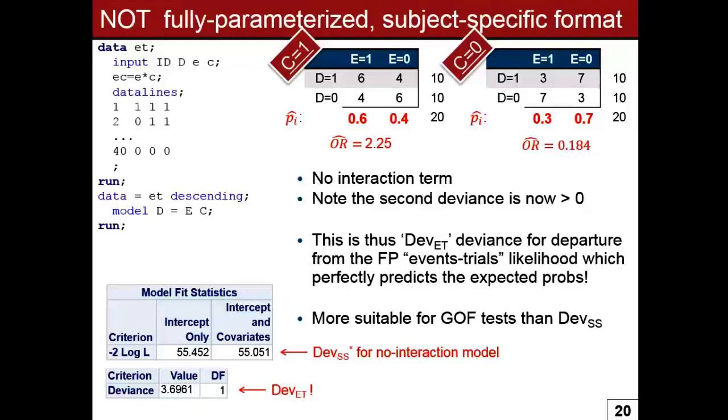But right before that, we were talking about this other method for conducting the goodness of fit test, which was a deviance test using this thing called deviance events trials, and this basically was comparing your given model to what we called the fully parameterized model.